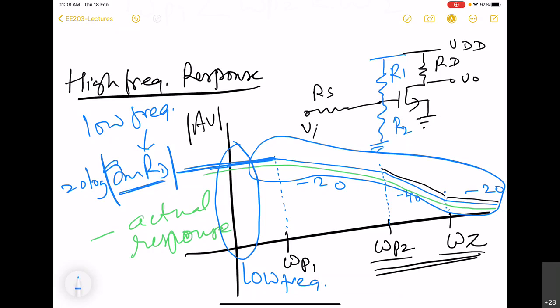But if you include them, this result, the low frequency value, will definitely get modified, and there might be some change in the numerical value of these poles and zeros, and maybe their relative relation also. But in general, there will be decay in the gain starting from a certain value. This could be pole omega p1 or omega p2, right?